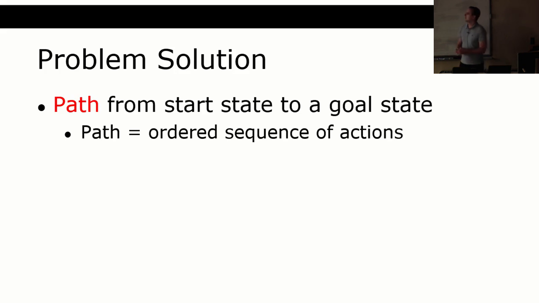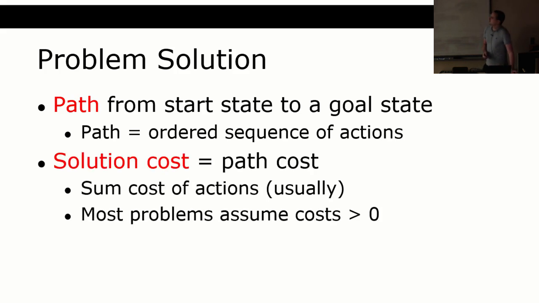So in general, a path is an ordered sequence of actions, and the order of those actions is going to matter. The solution cost is going to be the path cost. It's usually, and in this course it will be, the sum of the cost of all of the actions in that path. And what we're going to do in this course is make the extra assumption that the problems are going to say, okay, all of the costs of actions are greater than 0.